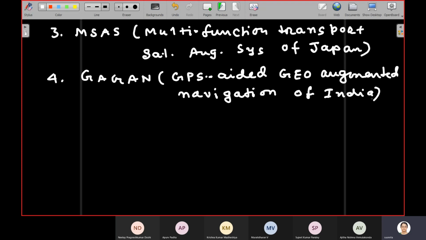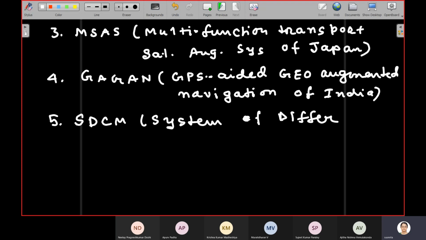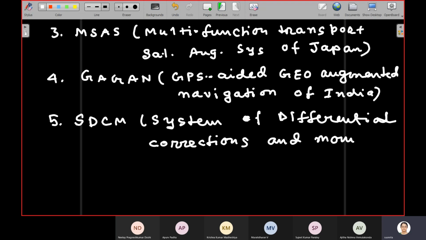Then one is SDCM, system of differential corrections and monitoring of Russia.